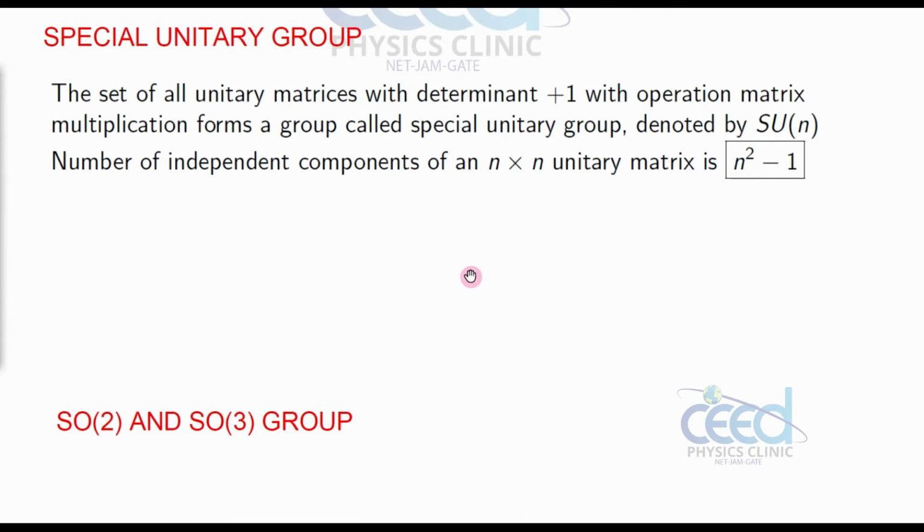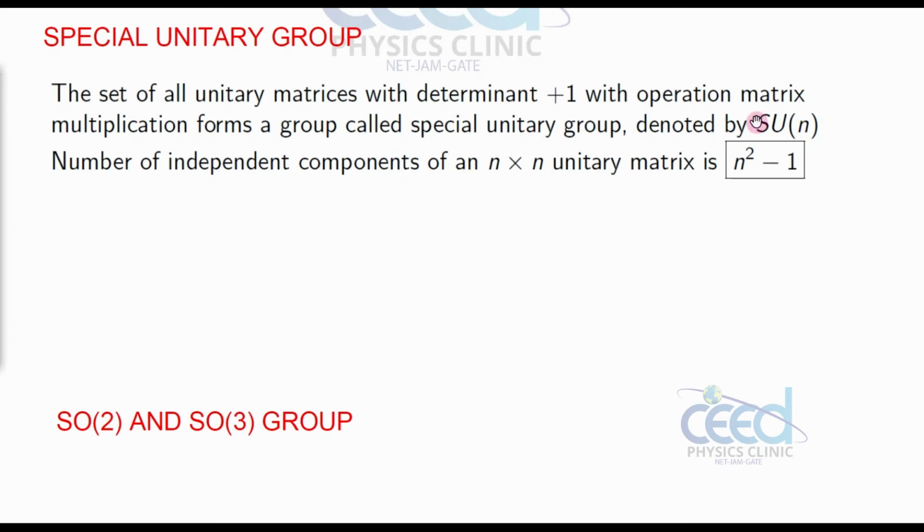Now what is a special unitary group? Special unitary group means it is a unitary group whose elements have unit determinant, that is determinant plus 1. Okay, now this whole set of unitary matrices with determinant plus 1, with the operation defined as matrix multiplication, forms a group.